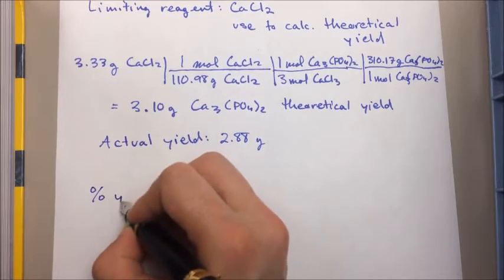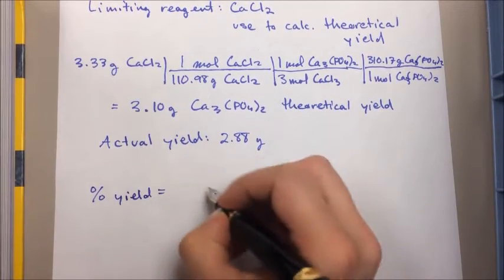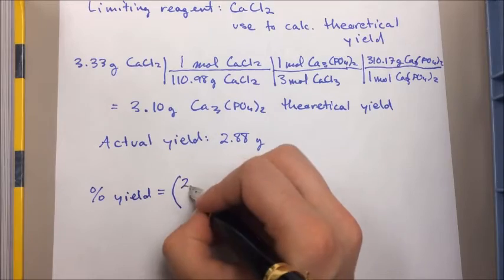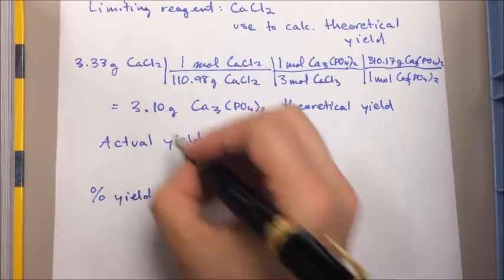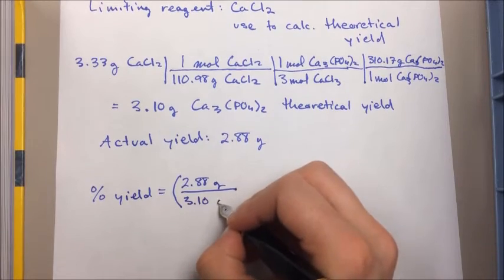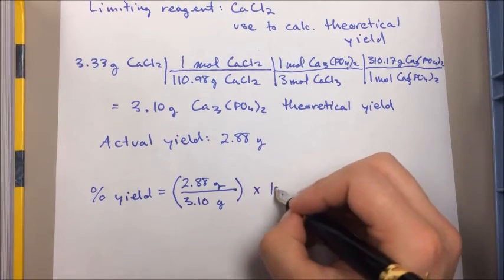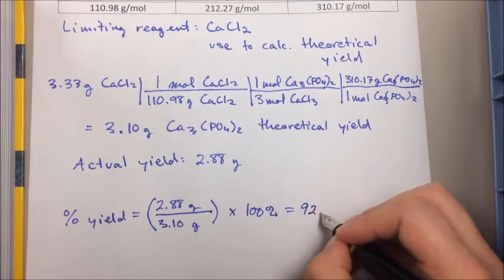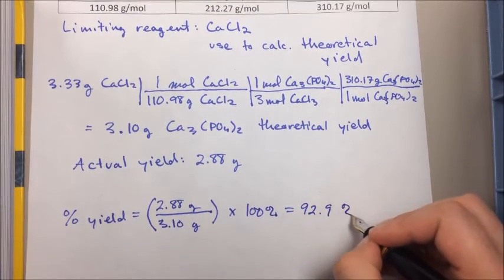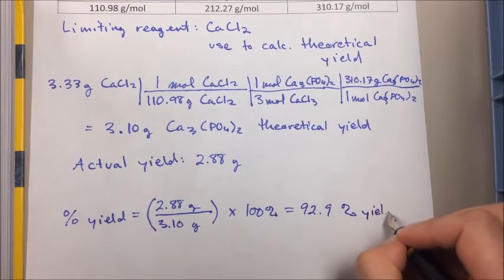We know the formula for that is your actual yield, 2.88 grams, over your theoretical yield, 3.10 grams, times 100%. Crunch those out, round correctly, you get 92.9% yield.